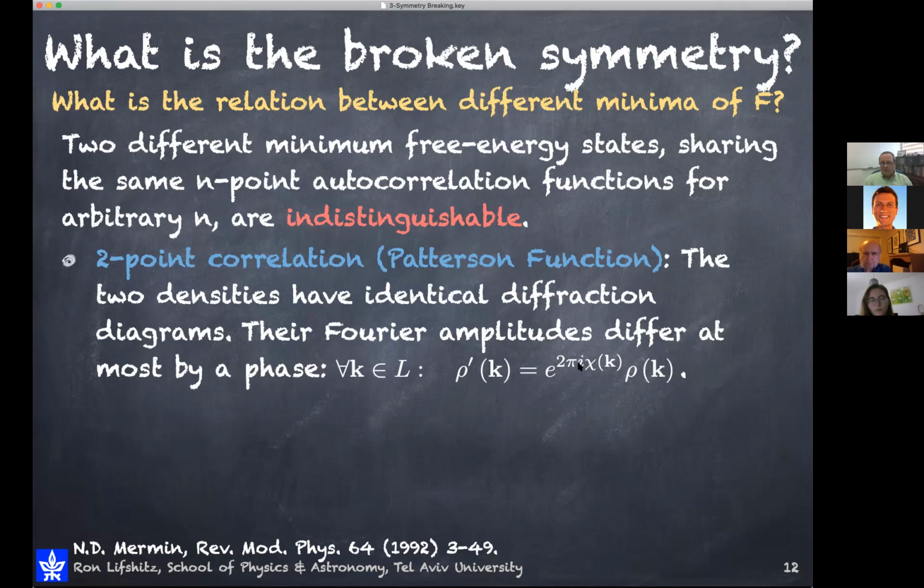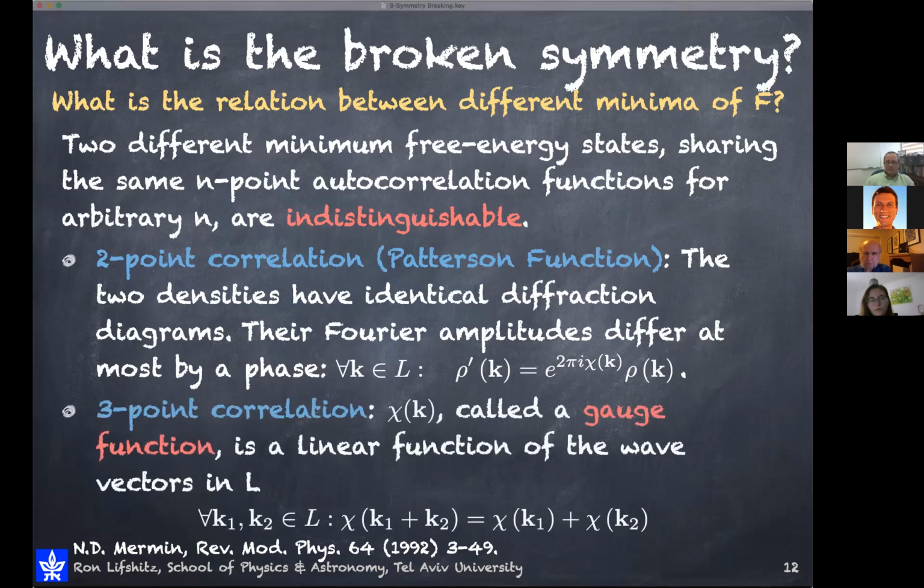So I've defined a function here, chi of k. And if I look at the 3-point correlation function, then I find that this function, chi of k, which we call a gauge function, is a linear function over the wave vectors in L. So the value of chi at k1 plus k2 is the same as the value of chi at k1 plus the value of chi at k2.